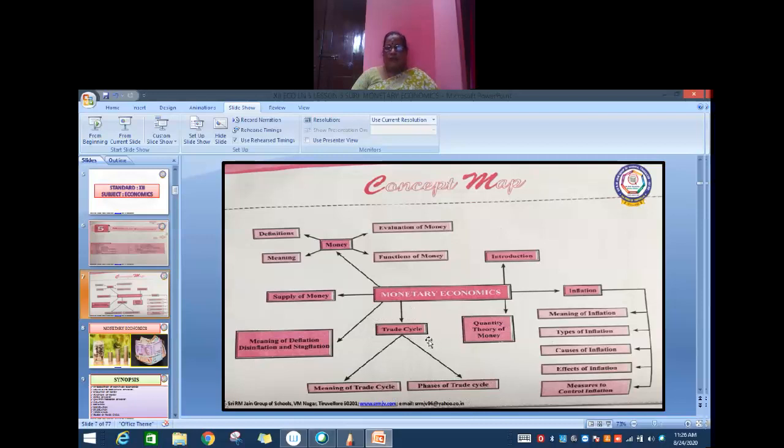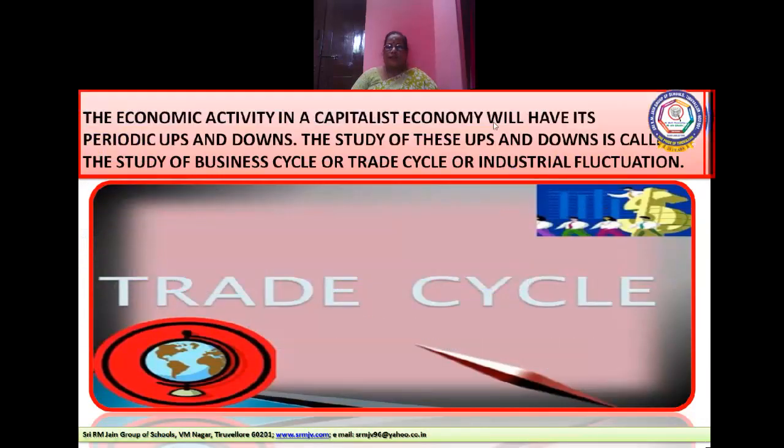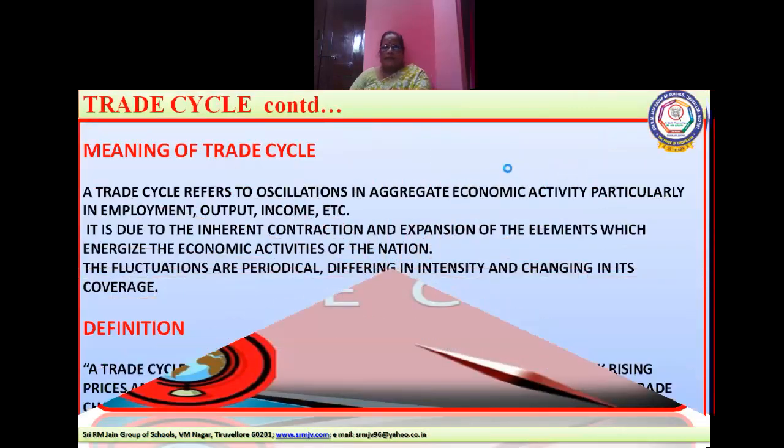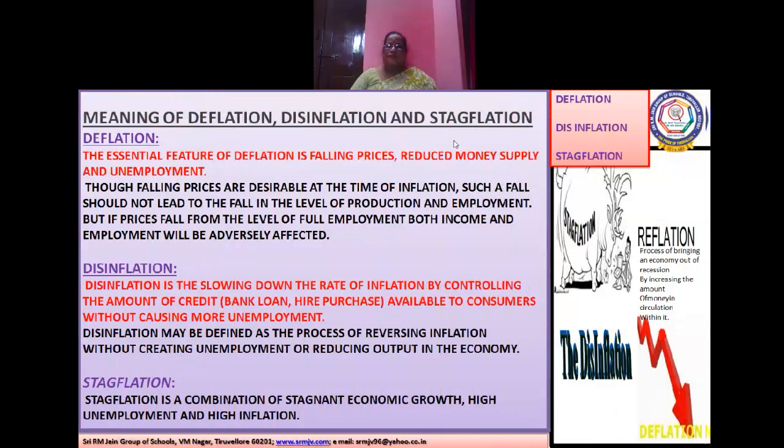Before we move to the trade cycle, let us recall what we studied in the last class, that is the meaning of deflation, inflation, disinflation, and stagflation.